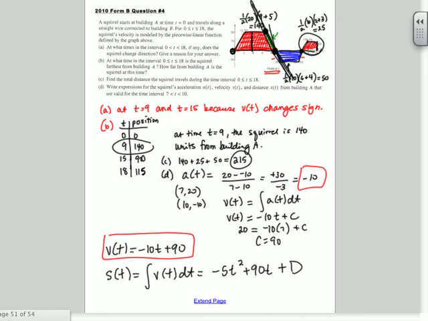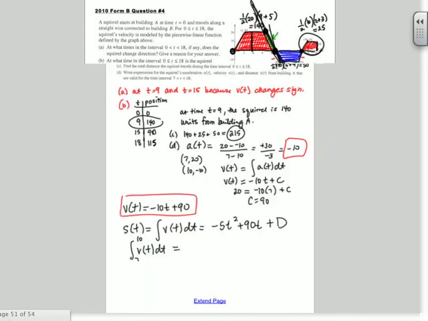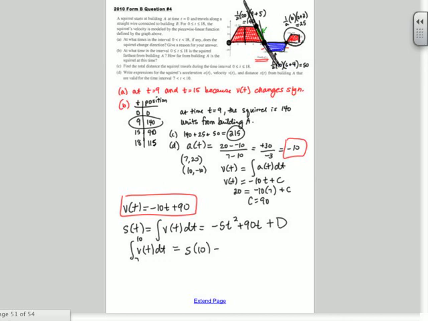Okay, let's say I wanted to find the integral of v of t dt from 7 to 10. That would be your position at 10 minus your position at 7. Let's see if that helps us. Do we know either of those? No. Let me pause and think.